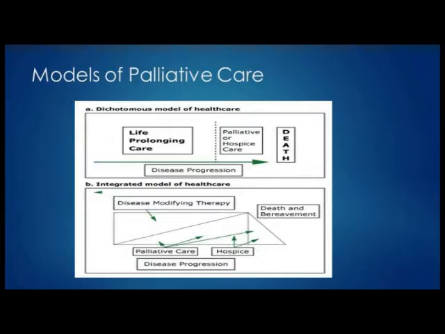So there are various models of palliative care. One is called the dichotomous model of healthcare, which incorporates palliative care closer to when death is expected to occur. And then there's an integrated model, and as you can see, the palliative care with the integrated model is incorporated as you're receiving disease-modifying therapy, and it goes all the way into hospice care and even into death and bereavement.